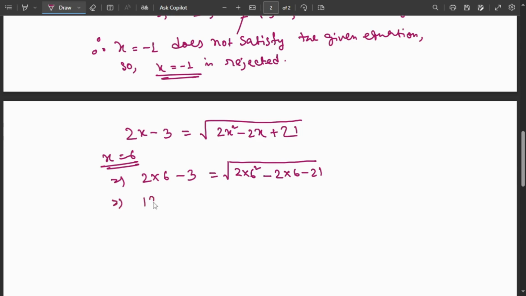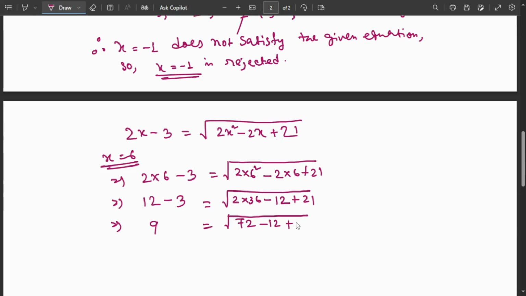So we get 12 minus 3 equals to square root of 2 into 36 minus 12, plus 21. So here is 9, and 36 into 2 is 72, minus 12 plus 21. So here 9 equals to root 81. After calculating, we get root 81. So here 9 equals to 9.